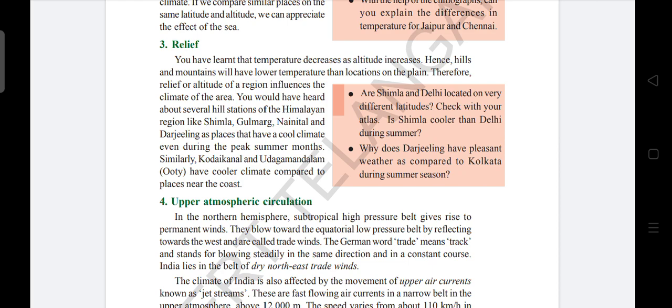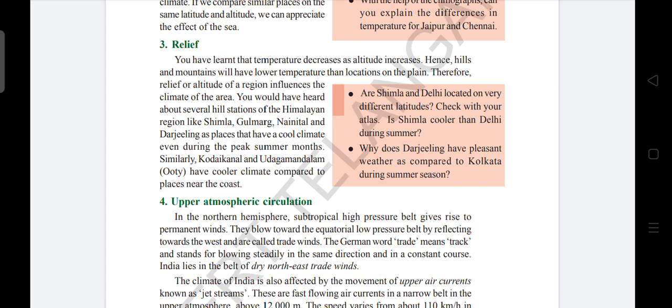Here what they are telling is, we all know that temperature decreases as altitude increases. Hence, hills and mountains will have lower temperature than the plain. Therefore, relief or altitude of a region influences the climate of the area.